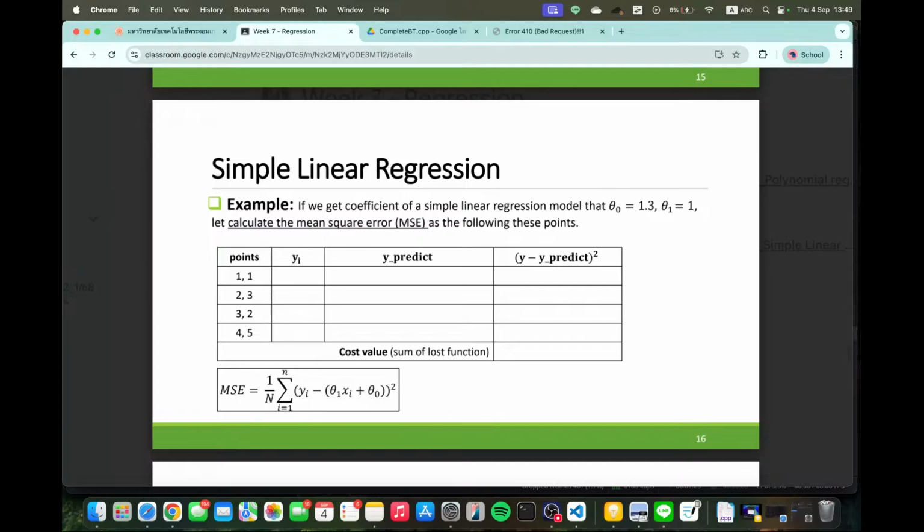How much? 1.79. This is the answer of the mean square error, okay?